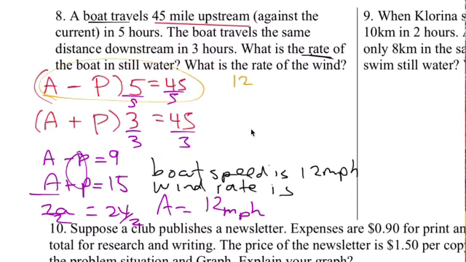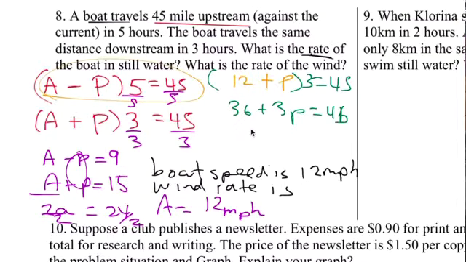So 12 plus P times 3 equals 45. So you got 36 plus 3P. Subtract 36. Oh no, that's a 5. That's what happens when you can't read your number. That's a 9.